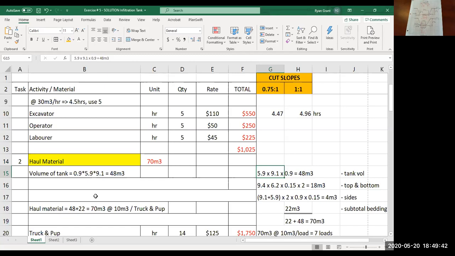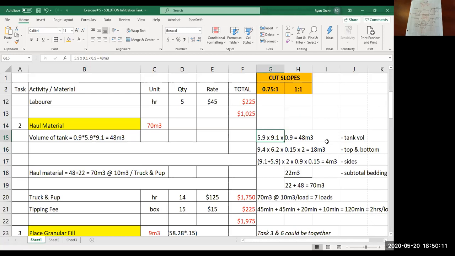So basically what you have to do is calculate the surface area of all 6 sides of the tank. Once you have that area, you multiply it by 0.15 meters, and that volume is the volume of gravel that you're going to be purchasing to place in the excavation. So again, that volume of material needs to be hauled off of the excavated.